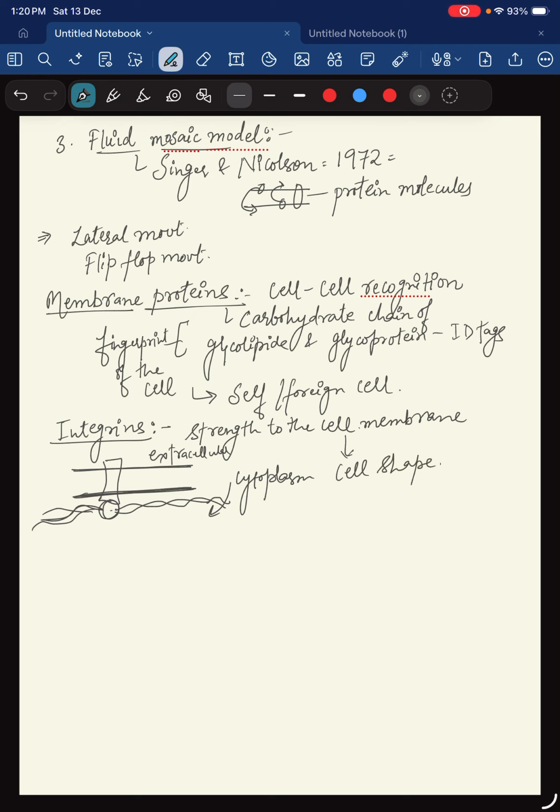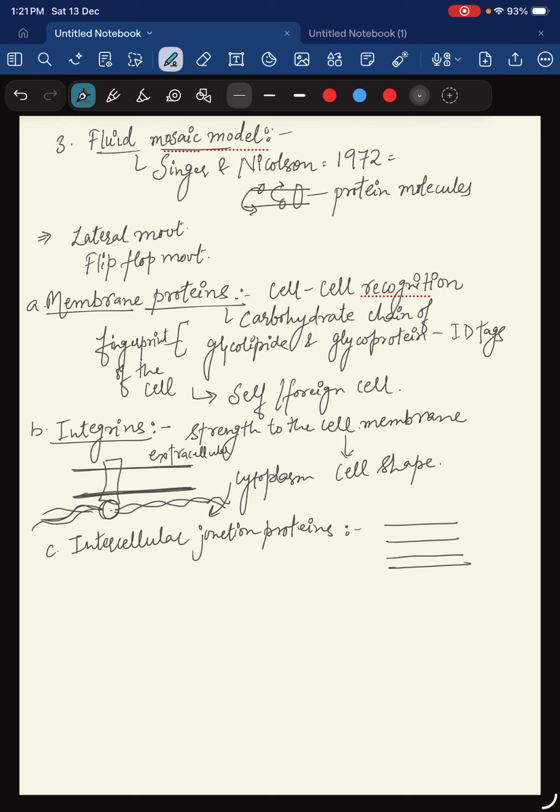Okay, then we come forward to intercellular junction proteins. Now in intercellular junction proteins, we see these proteins help cells to stick together to form tissues. Means here the membranes of two cells are there.